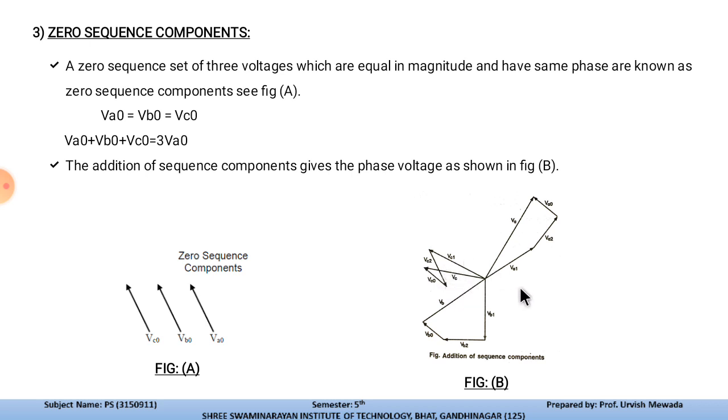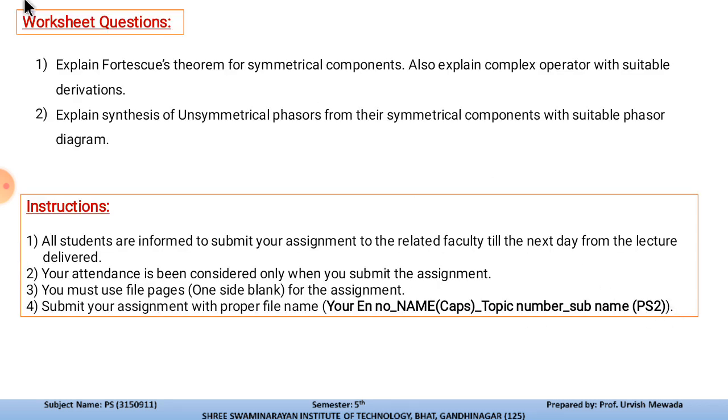And then we have the VA2, then VB2, and then VC2, which is the sequence component of this unsymmetrical system. So this is how we can do the addition of the sequence components, and this is how we can explain all the sequences of this system.